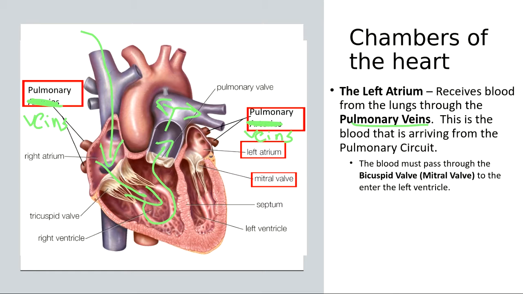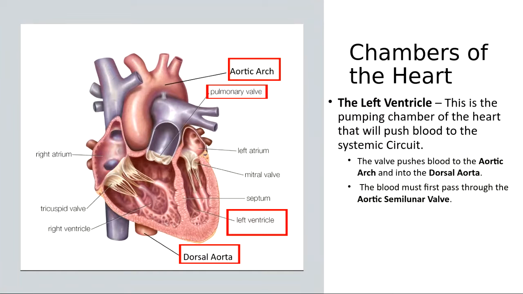All right, and the pulmonary veins will bring blood to the left atrium, and the blood will then go through the bicuspid valve, and it'll enter the left ventricle. Here you have the left ventricle being highlighted.